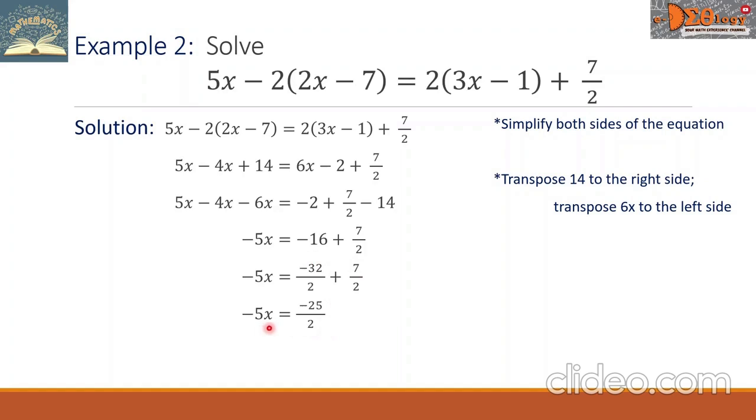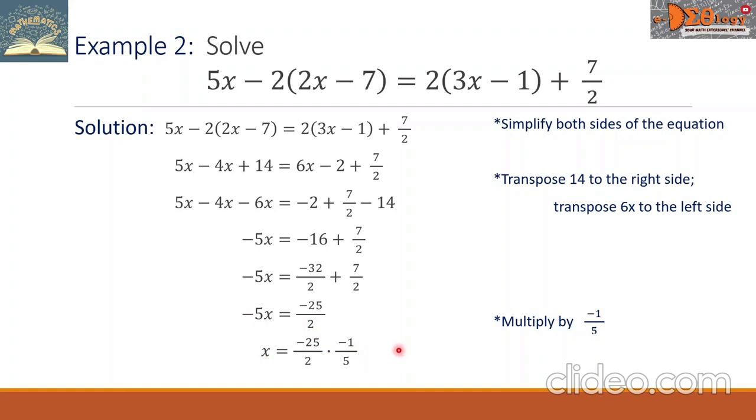Let us solve for x. We divide the equation by the coefficient of x, which is negative 5. But since our right side is a fraction, we can also say, let's multiply this equation by negative 1 over 5. So, the left side becomes x equals, the right side is multiplied by this negative 1 over 5.